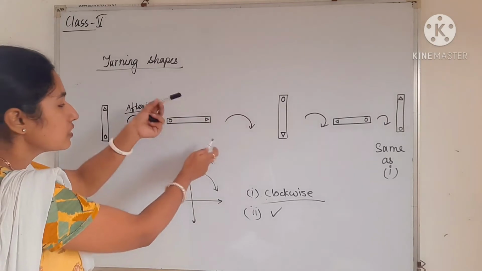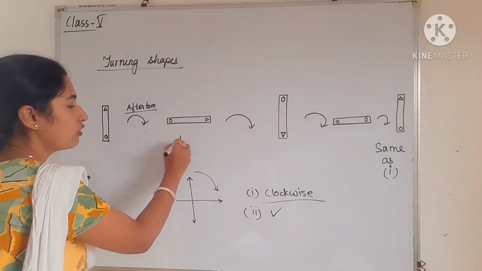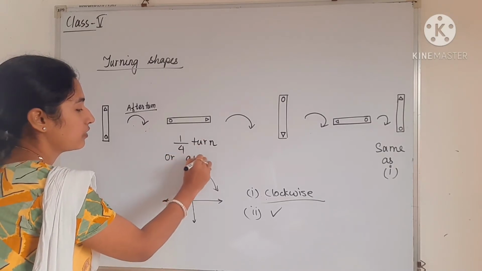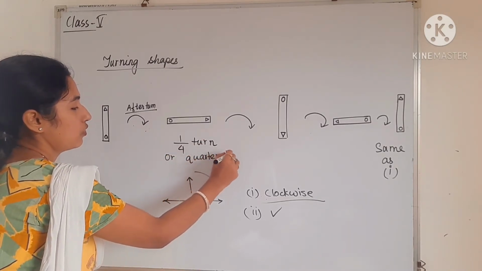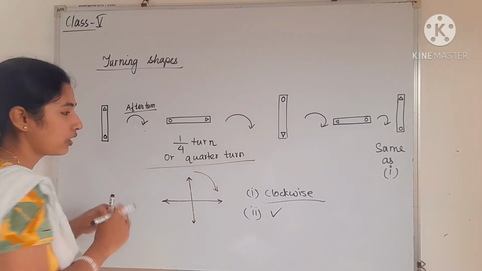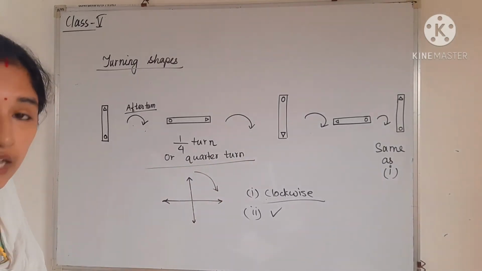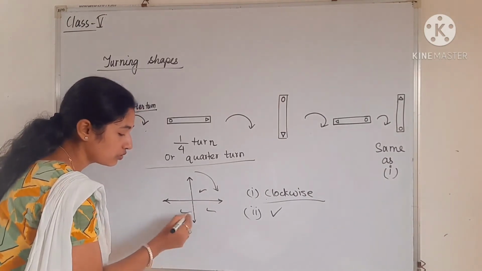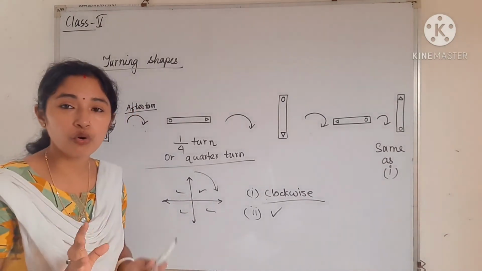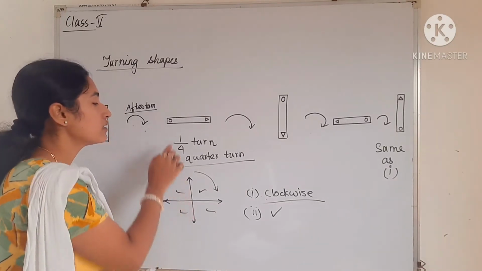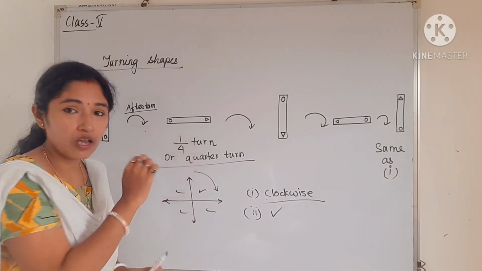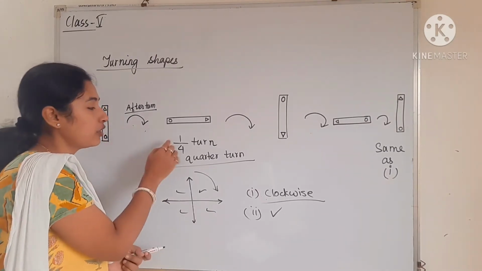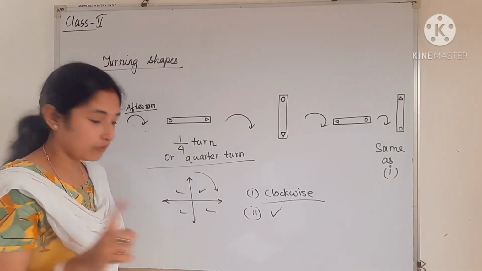This turn is called a 1/4 turn, or you can say quarter turn. You have to remember this. This is very important. So why are we saying 1/4 turn? Because see, how many parts are there? 1, 2, 3, 4. That means there are 4 parts to turn.